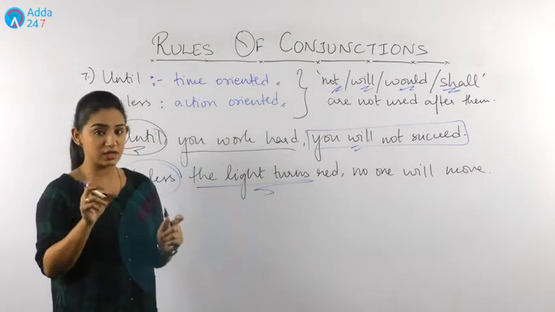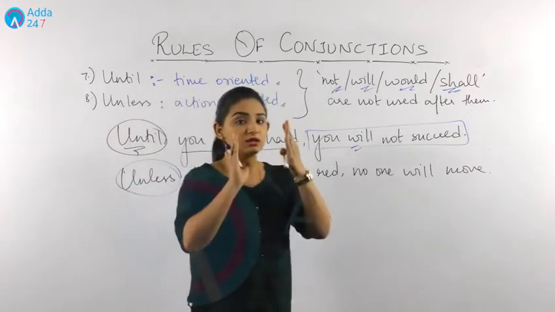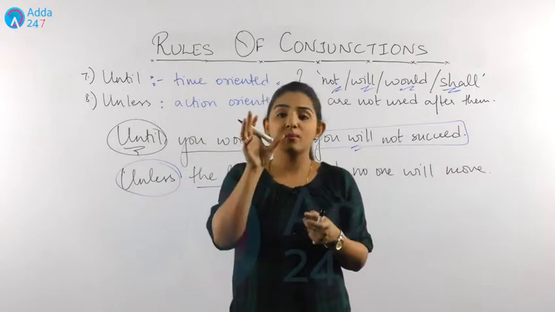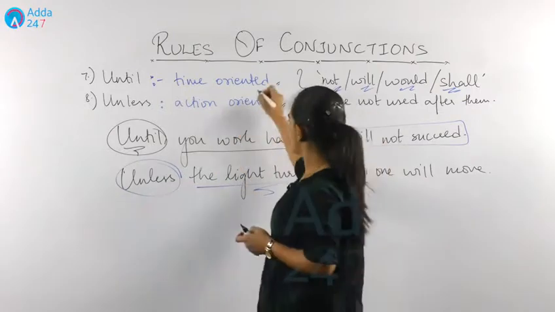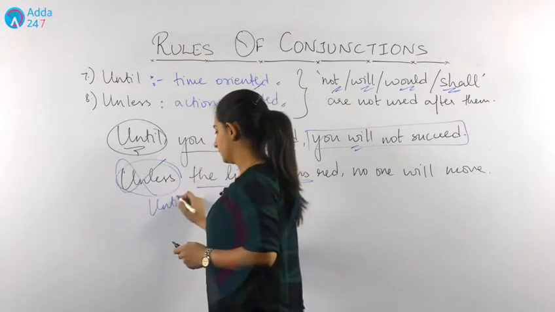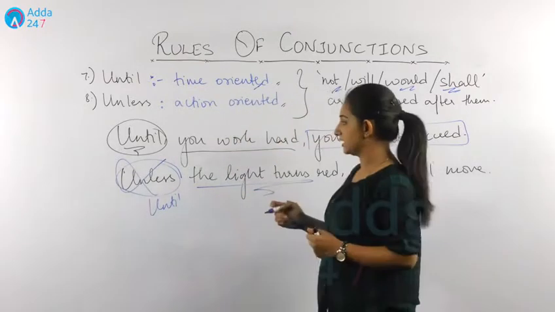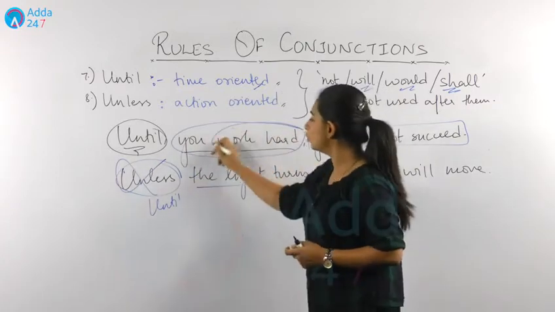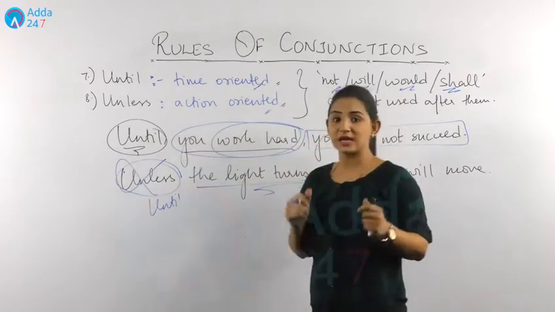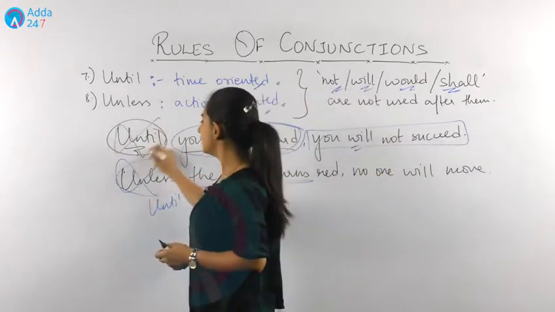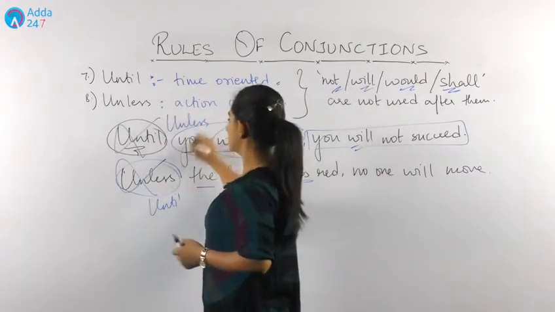It is time oriented, you said until the light turns red, which means you have a point of time given somewhere. So when it's time oriented, you cannot write unless, instead you'll write until. And if you look at the first sentence, it says until you work hard. Now here you have to do something. That means it's an action oriented sentence and it will not use until, instead you'll use unless here.